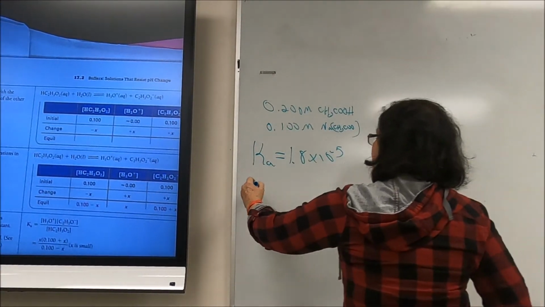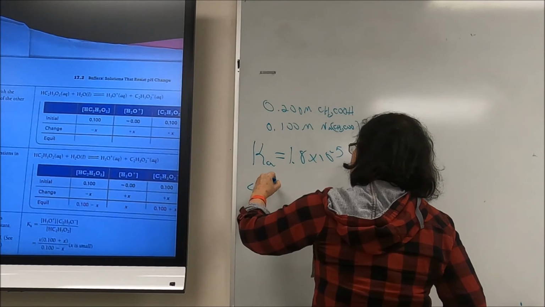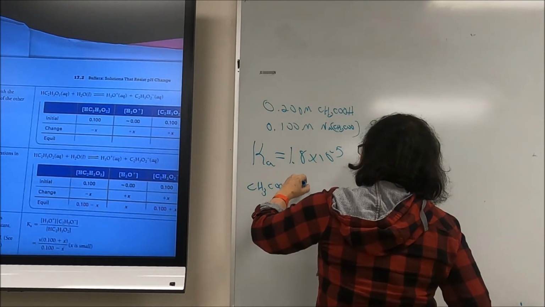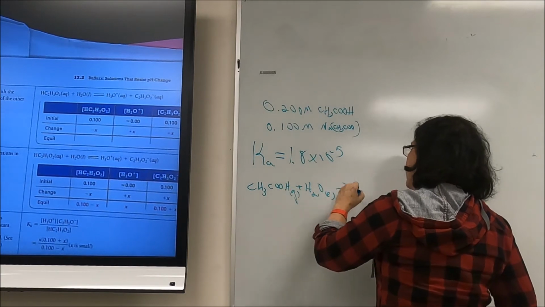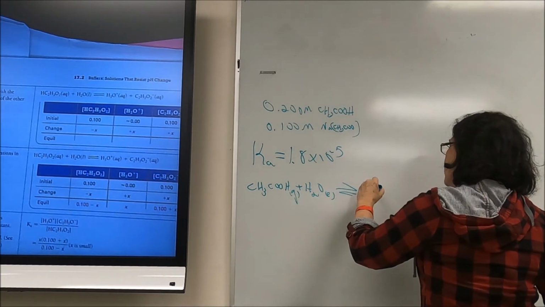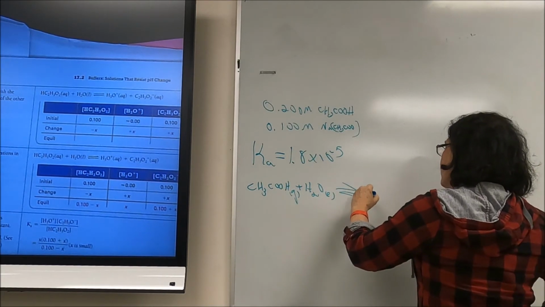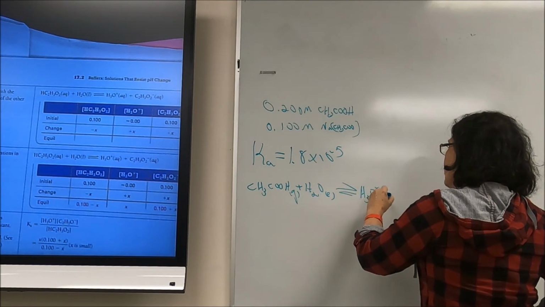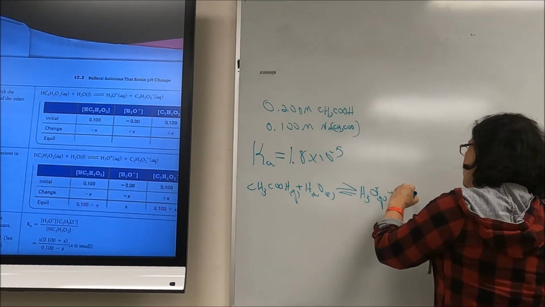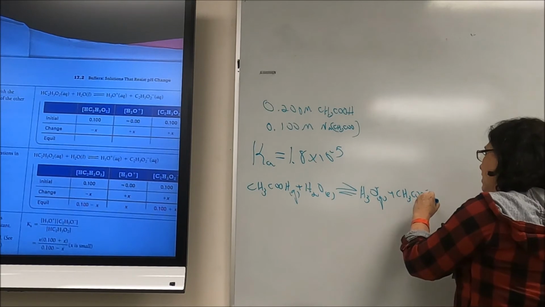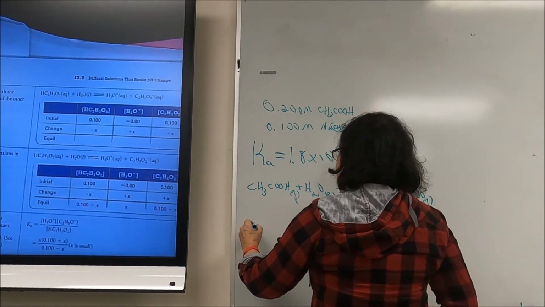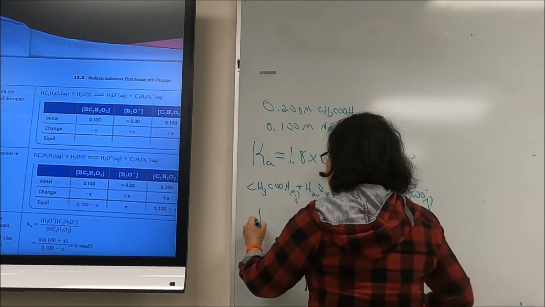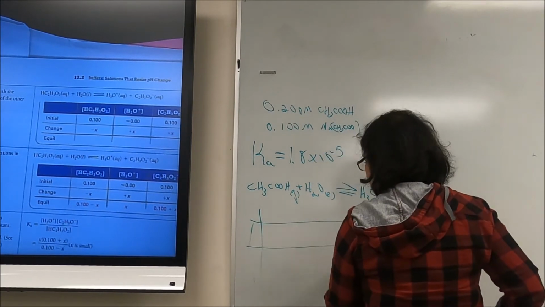Now, I have CH3COOH reacting with water, liquid, going to H3O plus, aqueous, plus CH3COO minus aqueous. Okay? And that gives me an ICE chart that looks like this.